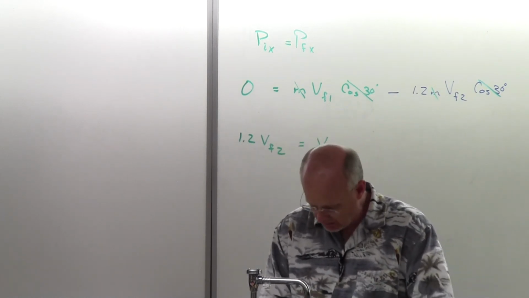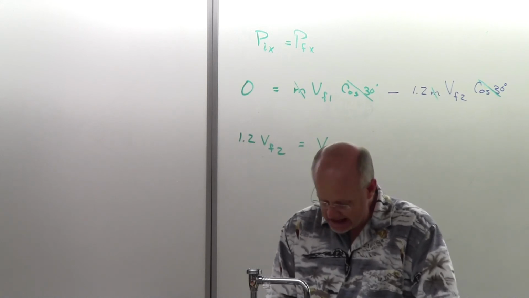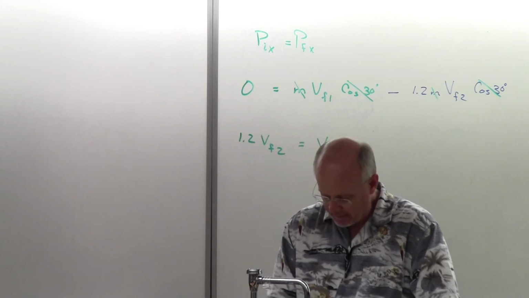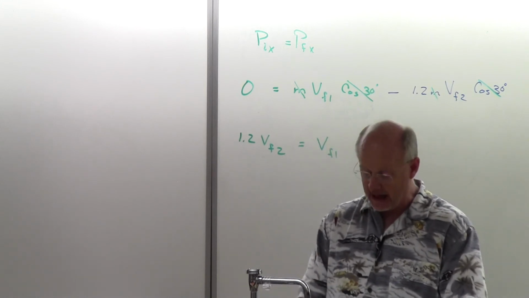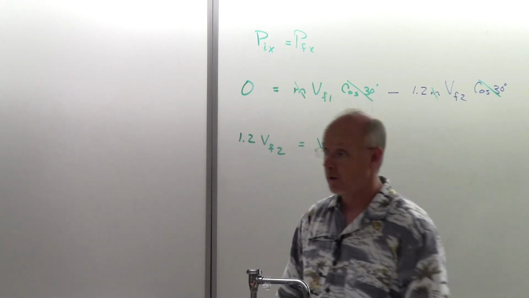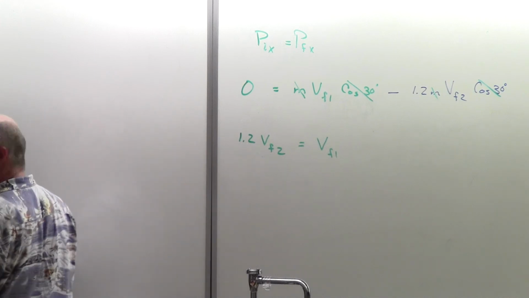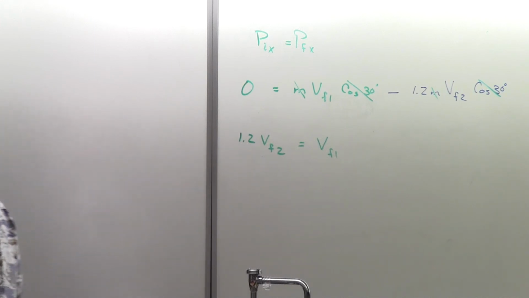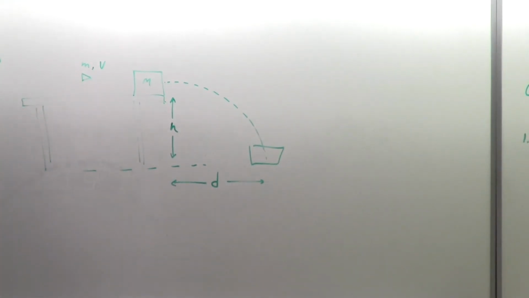That's why that's an important piece. The block then lands a distance d from the bottom of the table. Here's the question. Determine the initial speed of the bullet. And so if you shoot this block and it lands d, so you get the ruler out and you measure a distance d, then you should be able to find this v, what's its speed.